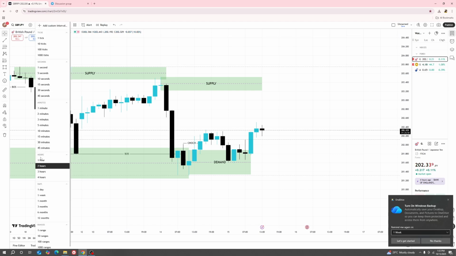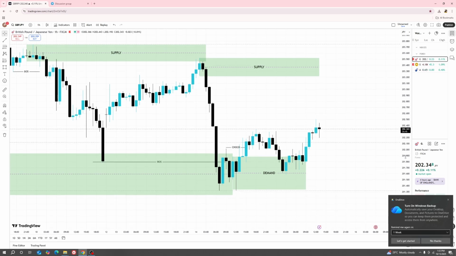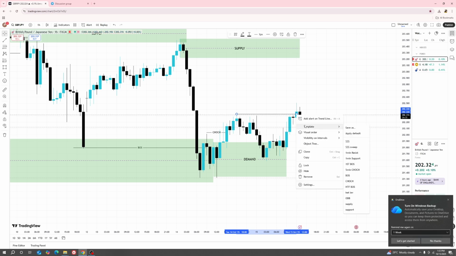Let's move on to the 1H to understand clearly what price is doing. So at this level, we can clearly see that there is a new break of structure to the upside here, because price broke and closed with a candle at that highest level, which was the recent higher high.